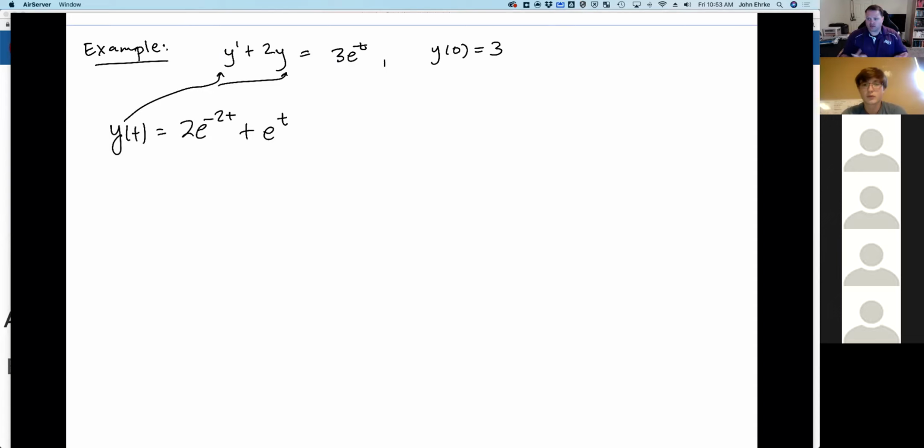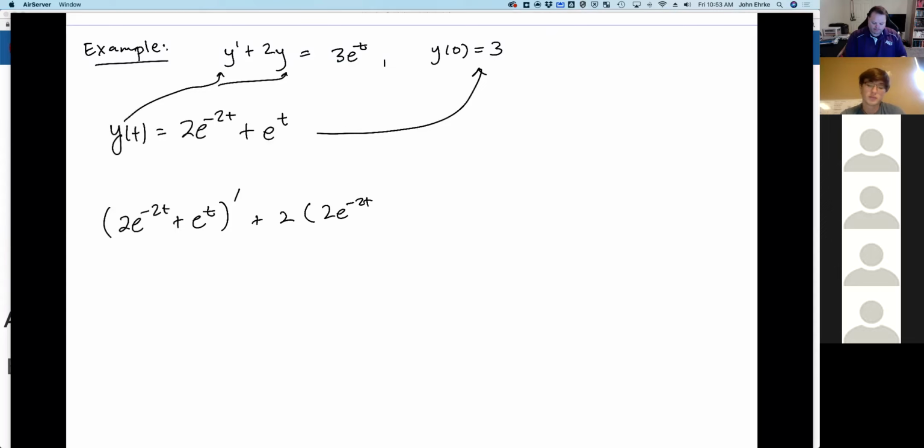That's the first thing. I have to be able to plug it in and satisfy the equality. Then I have to also check, does it satisfy the initial condition? So there are two checks that need to be made here. So the first check is I'll take the differential equation and I'll plug in my proposed solution.